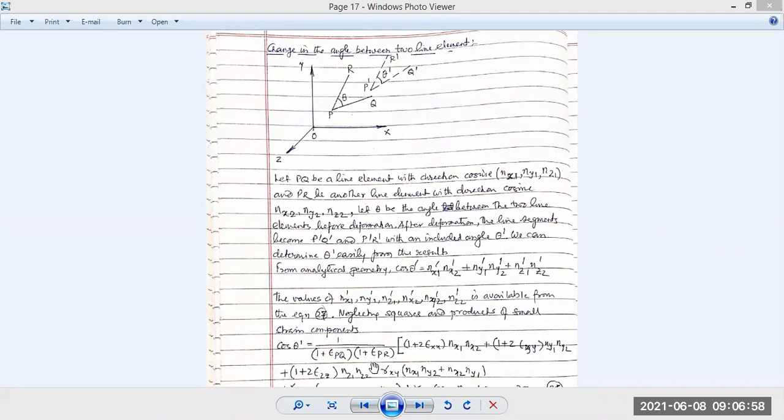Thus, what we will have is 1 plus EPQ times 1 plus EPR, because it is the elongation of the line PQ and the elongation of the line PR, multiplied by these other factors given in the equations itself.